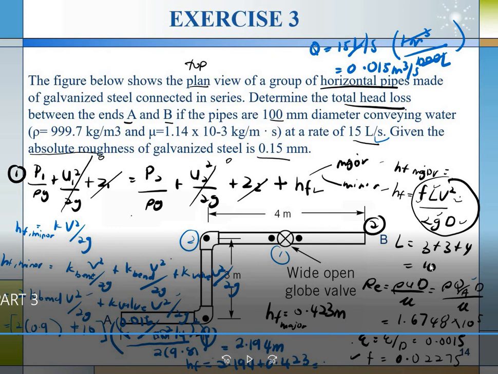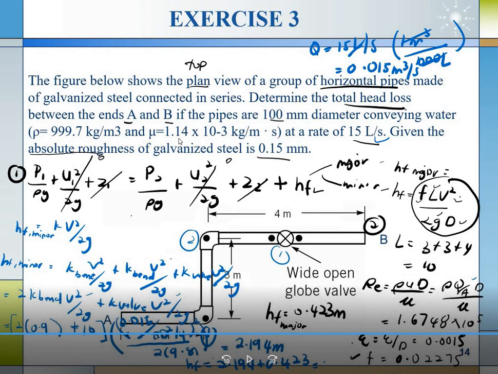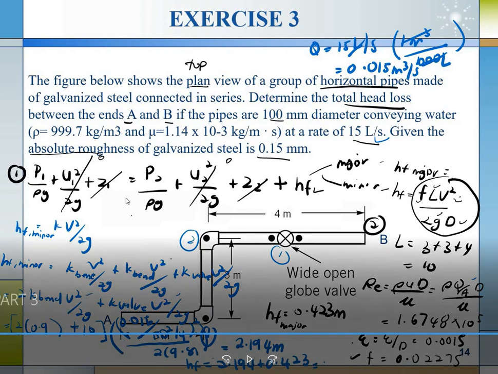Like what I mentioned in the class, the given question is asking you to determine the total head loss between ends A and also B. So that means you need to calculate the delta P. The total head loss, like what I mentioned inside class, is delta P.